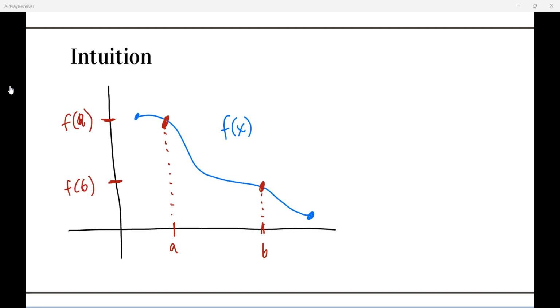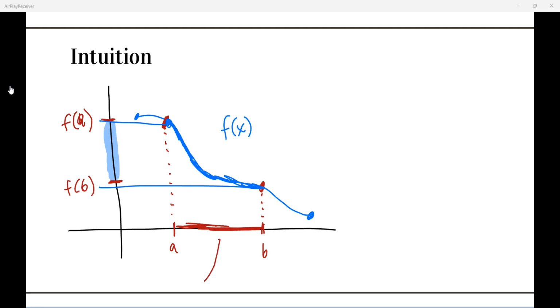So because of the fact that this graph is continuous from that point all the way down to this other point right there, that basically means that all of the y values in between f of a and f of b are going to be hit by plugging in some number in between a and b, right?